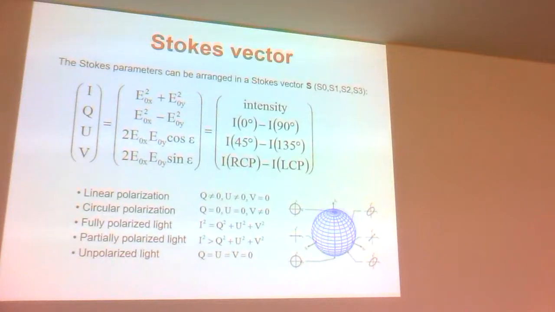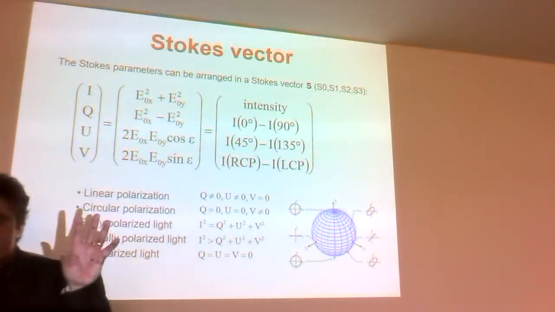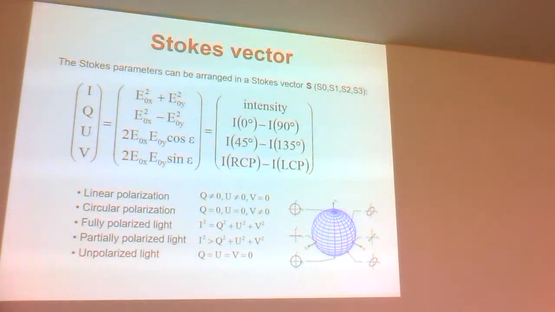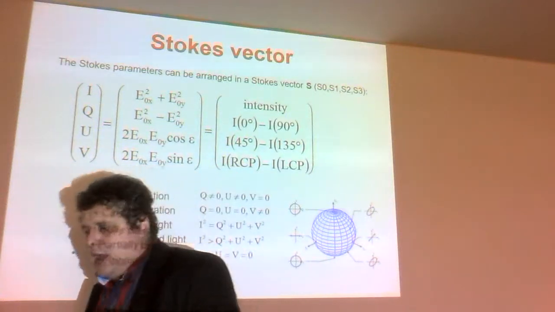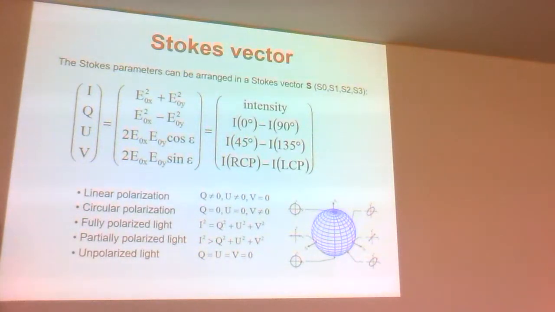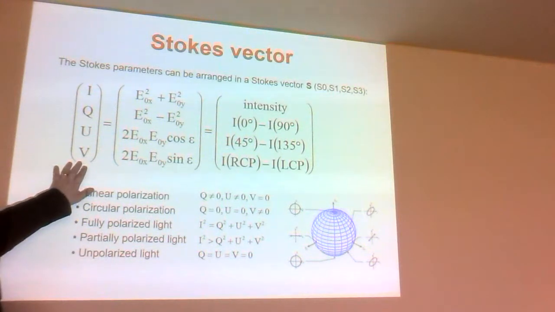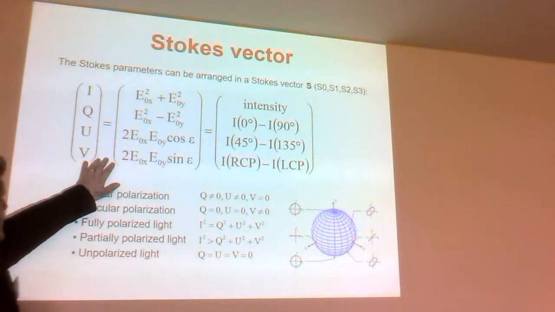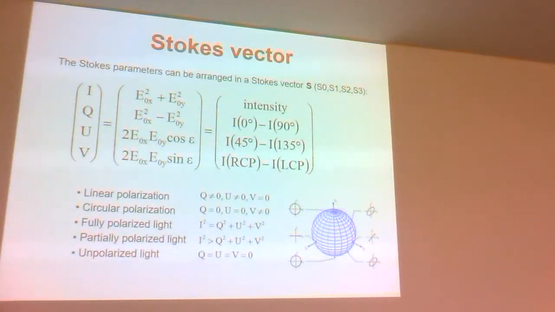And very often we use the Poincare sphere as a graphical tool that is able to show us all states of polarization. And how it works: we can assign a vector called the Stokes vector, and the elements of the Stokes vector relate to actual parameters or measurements of intensity.